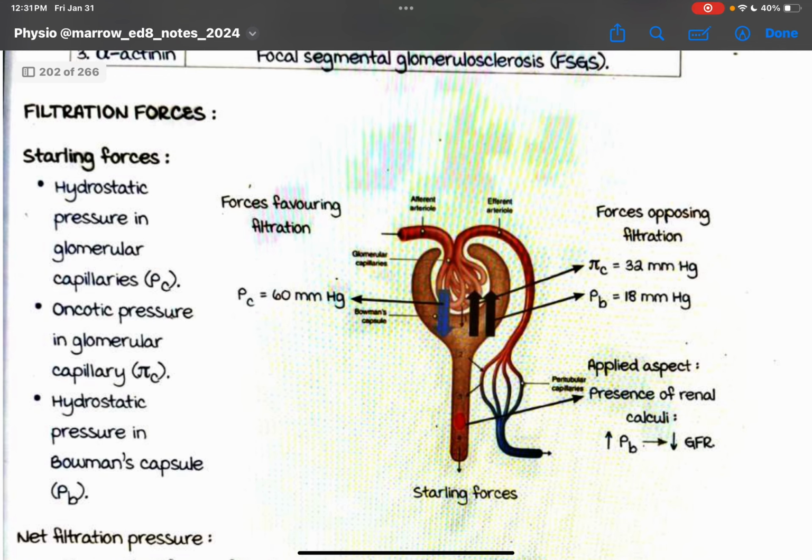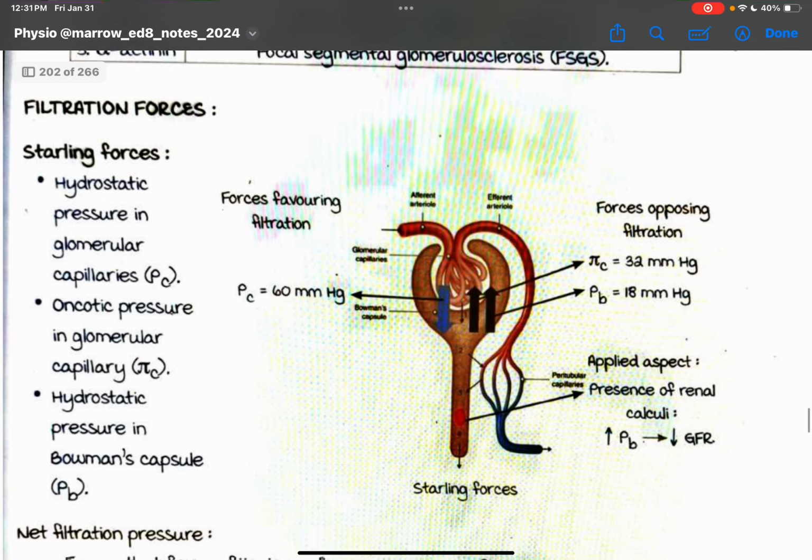Filtration process, forces. The Starling forces are the hydrostatic pressure in the glomerular capillaries, represented by PC, which is 60 mmHg, the oncotic pressure in glomerular capillaries, pi C, which is 32 mmHg, and the hydrostatic pressure in Bowman's capsule, PB, which is 18 mmHg.